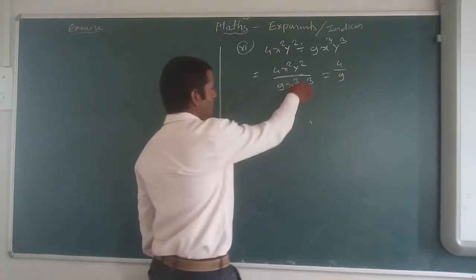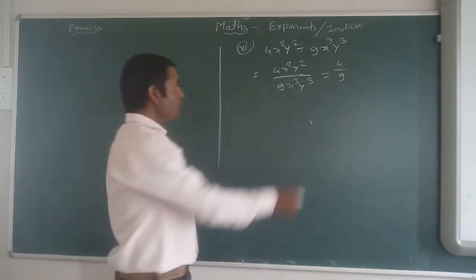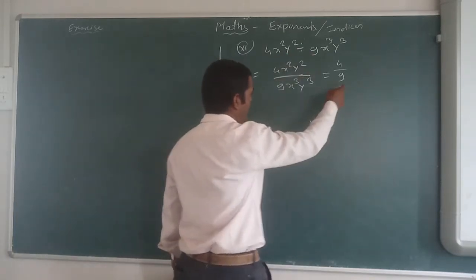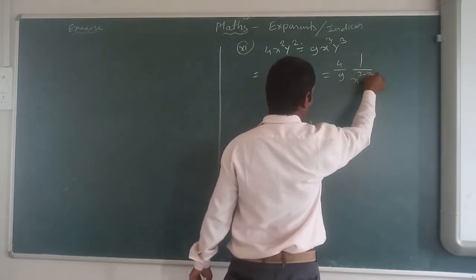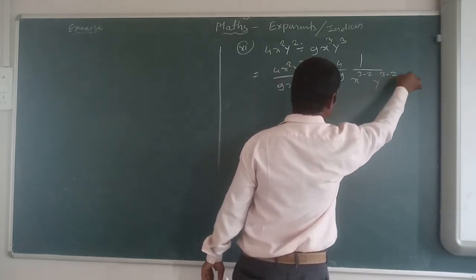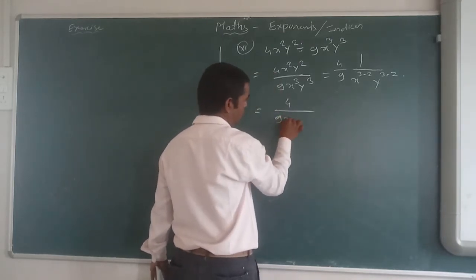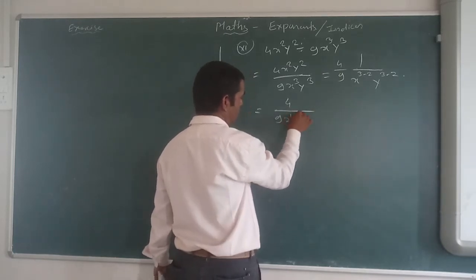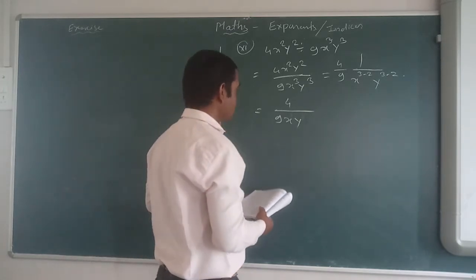You have to write the answers in positive index. If we take them to the numerator, the answer will be minus, so take them to the denominator: 1 upon x raised to 3 minus 2, y raised to 3 minus 2. Next, 4 upon 9 into x raised to 1 and y raised to also 1. That means no need to write this one, so 4 upon 9xy. Got it now?